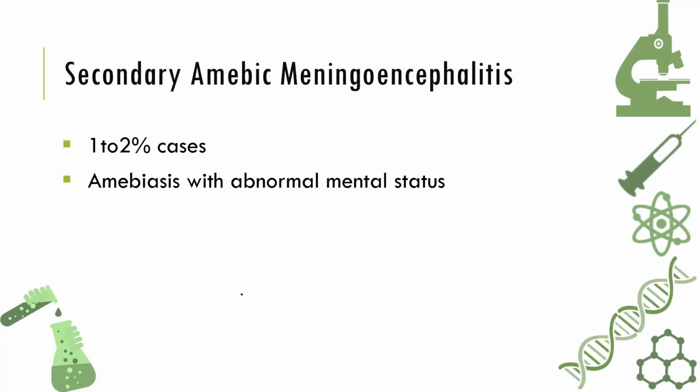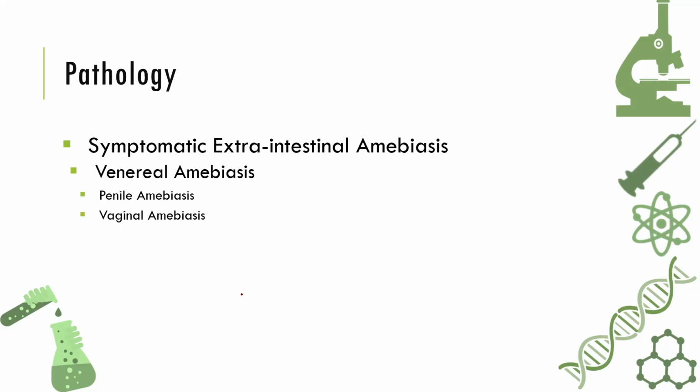Aside from that, our Entamoeba histolytica is also capable of what we call venereal amebiasis. Venereal amebiasis includes penile amebiasis and vaginal amebiasis. That happens. This is true with anal sex.